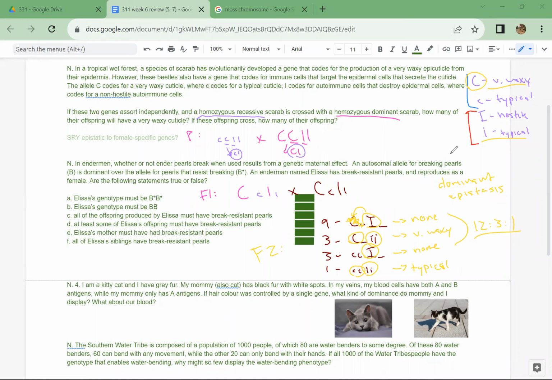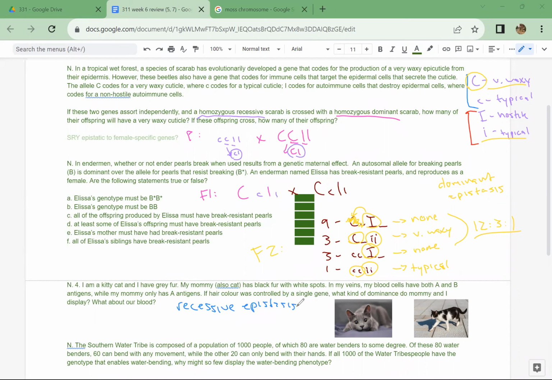So instead of having an epistatic gene whose presence as a dominant allele can affect what happens at the other locus, the other gene, if instead the epistatic gene could only express its effect in its recessive form, then we would understandably have something called recessive epistasis.